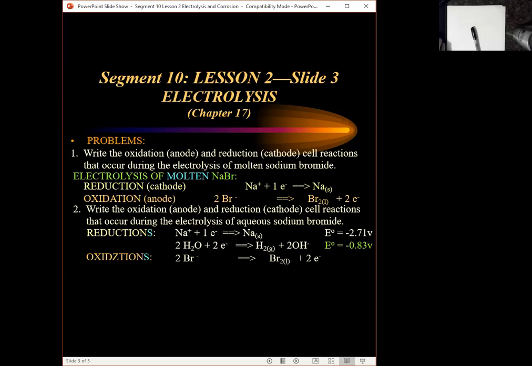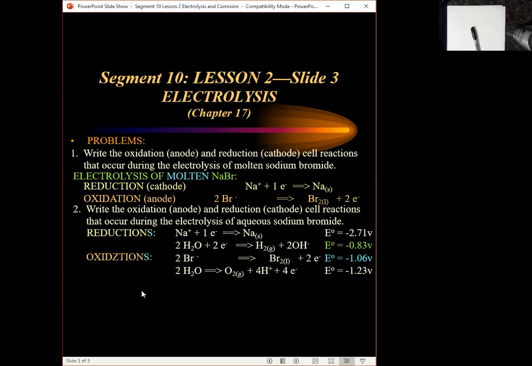But in aqueous solution, water is going to provide both a reduction reaction and an oxidation reaction. In the case of the bromide ion, we are going to oxidize bromide to bromine liquid and 2 electrons. That voltage occurs at minus 1.06 volts. And the water oxidation occurs at minus 1.23 volts.